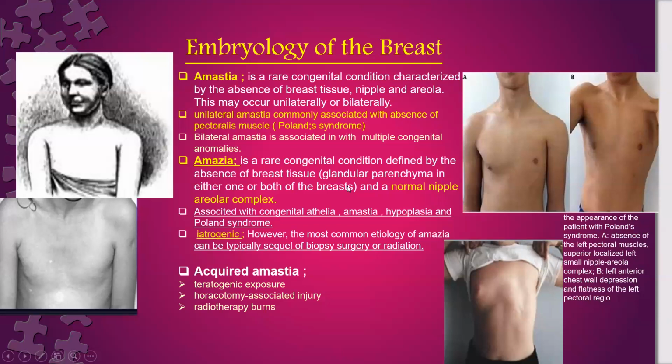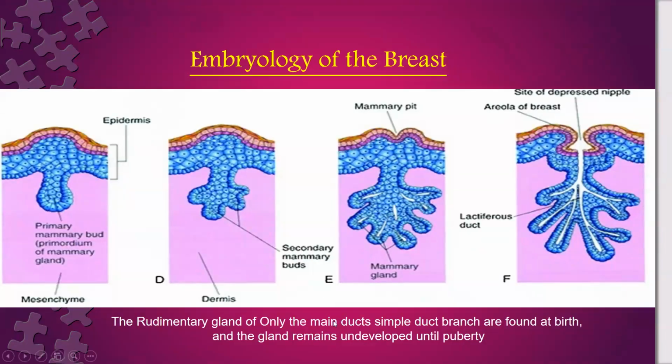Amastia or amazia can be iatrogenic due to teratogenic exposure, or injury early in life during development of the breast, due to radiation or surgery or whatever. And as you have seen here, it definitely can occur in both male and female. Here we can just revise: this is the rudimentary stage, with just the ectodermal thickening invaginating into the mesoderm, forming these rods or buds.